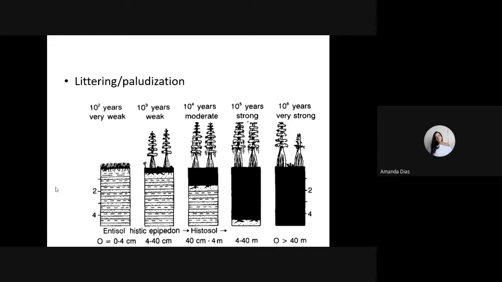We found three kinds of horizon. No, kinds of material. Sapric, hemic, and oh my god, I don't remember. But this process in histosols is very interesting.